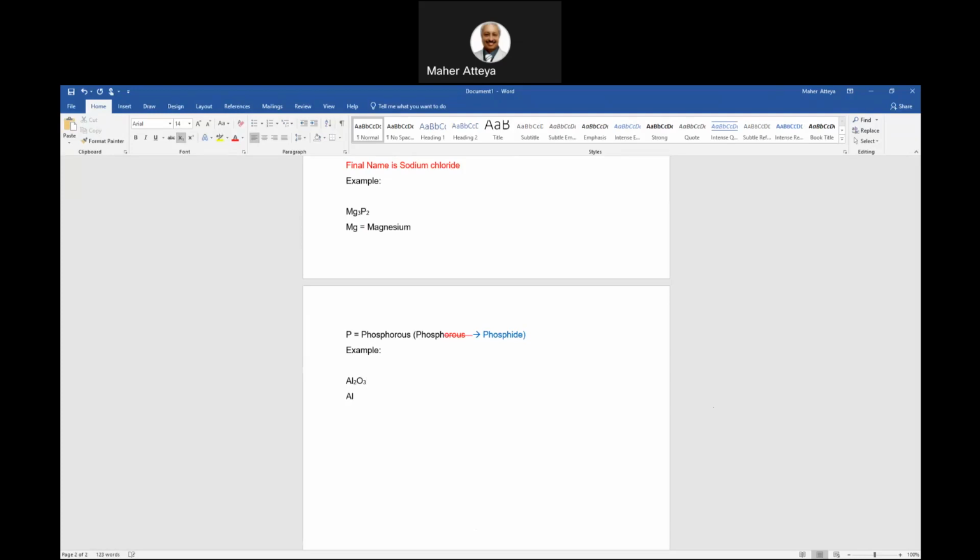So this is aluminum, and it's not touched. And O is oxygen.